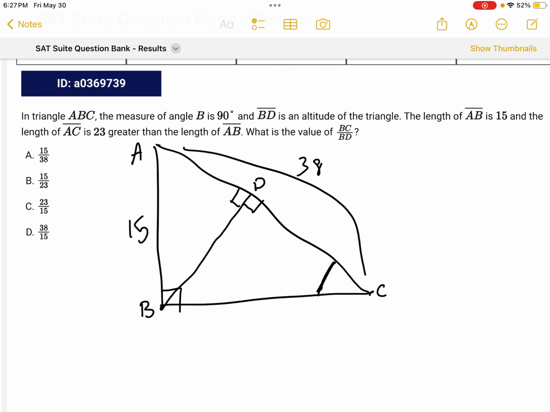Since we're asked to find a ratio between two sides of a triangle, that tells us one of two things: either we can use trigonometric ratios, sine, cosine, tangent, to help solve this problem, or we can use similar triangles.